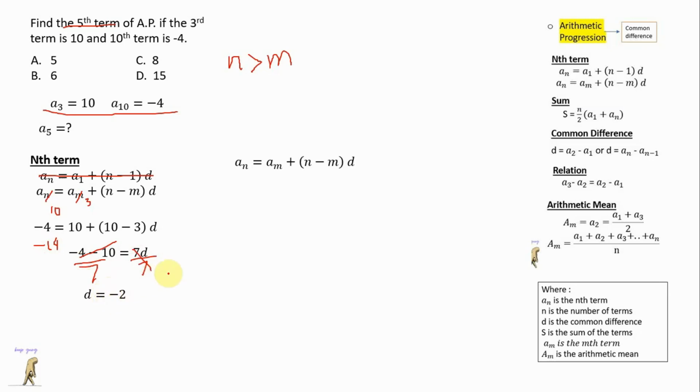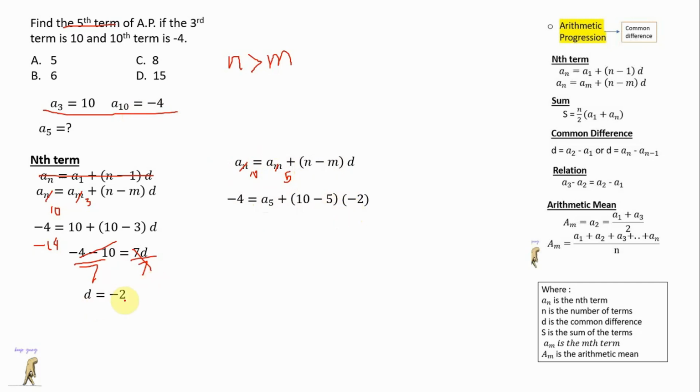And then after that, what we need to do now is to use again the nth term formula that we have. This time, the value of n here is 10, and our m here is now 5. Then we substitute the a sub 10 that we have, which is negative 4, and a sub 5, that's our missing term. And then plus, our n is again 10 and our m is 5.